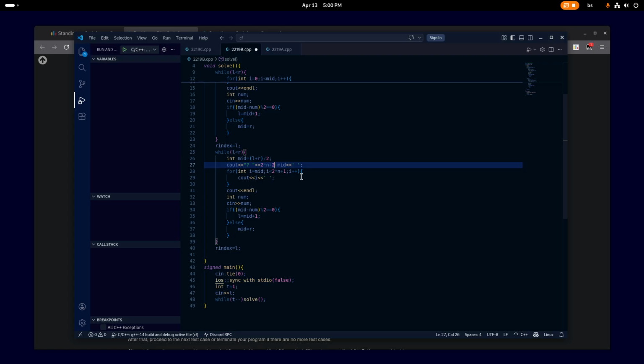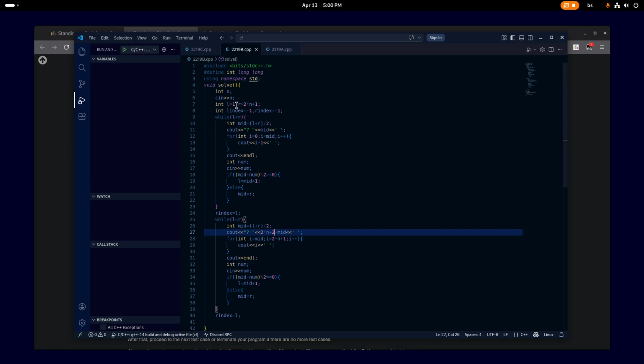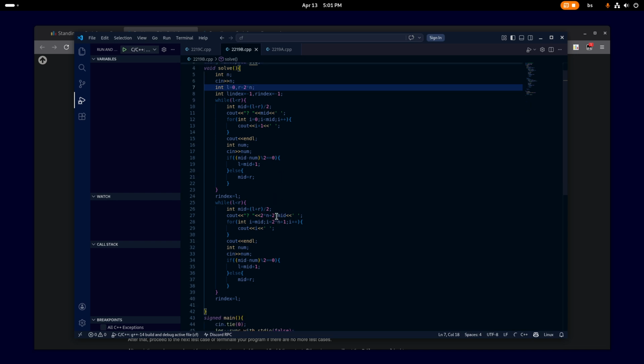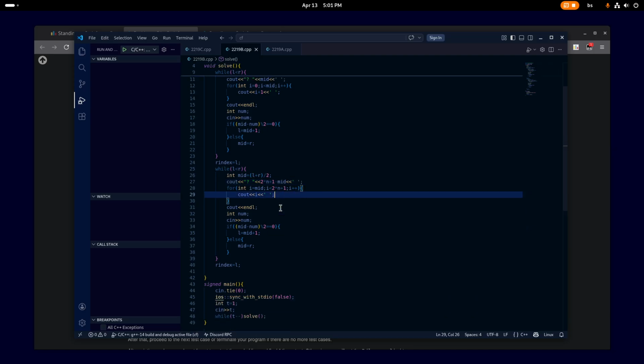Plus 2, maybe. I think so, yeah. Like if mid is equal to 2n plus 1, yeah, okay, never mind. Yeah, this is 0 indexed, so this needs to be like this, yeah.